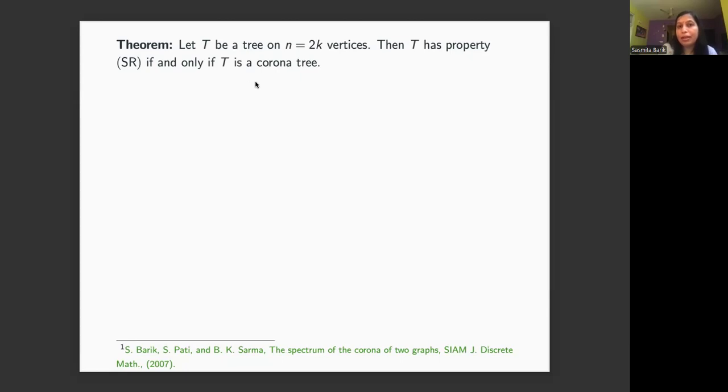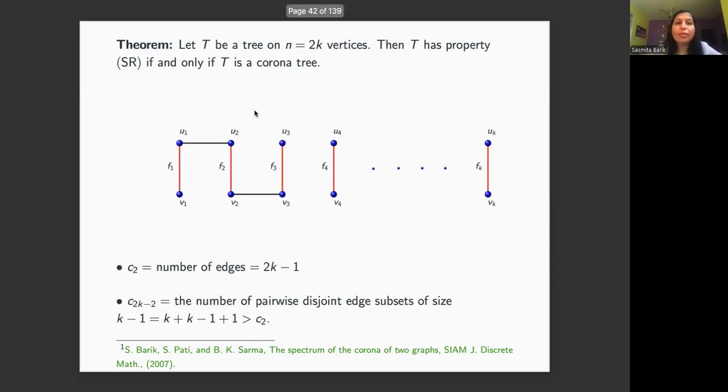And that you can prove using the characteristic polynomial, or whatever we observed, how it's behaving. Looking at that, you can prove it. And here I am telling how it has been counted. As I told, C2 is the number of edges, and that will be equal to either C2k minus 2 with a negative sign or just equal to C2k minus 2.